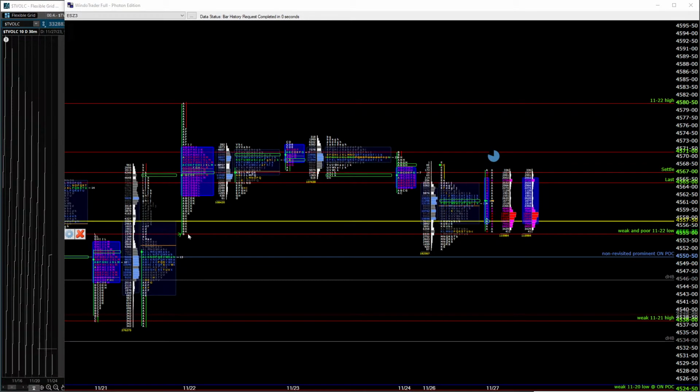You know, buying from here, the market has traveled to the opposite side of this range, failing to take this target, this high here. But it all depends on the next period as well.